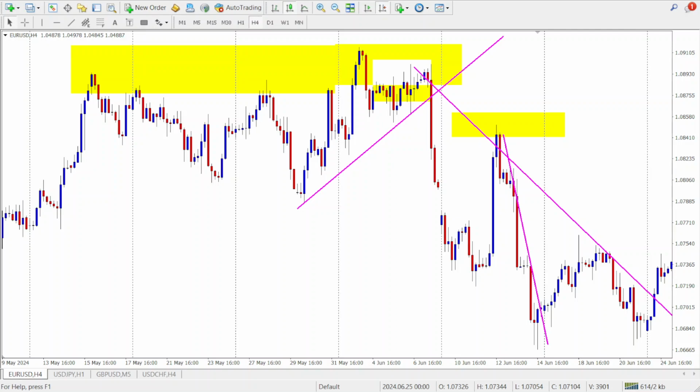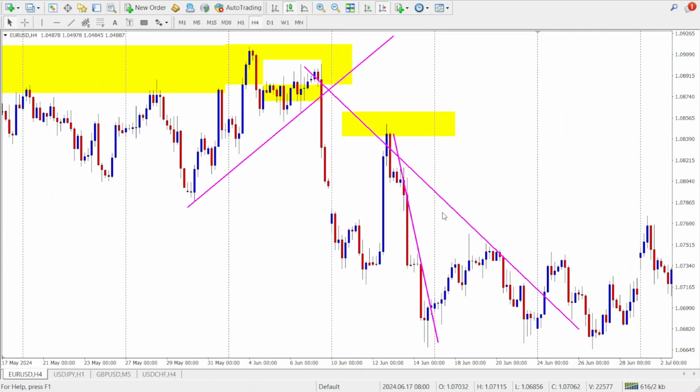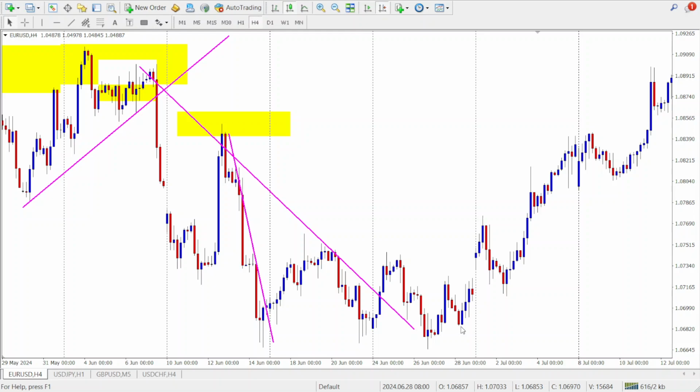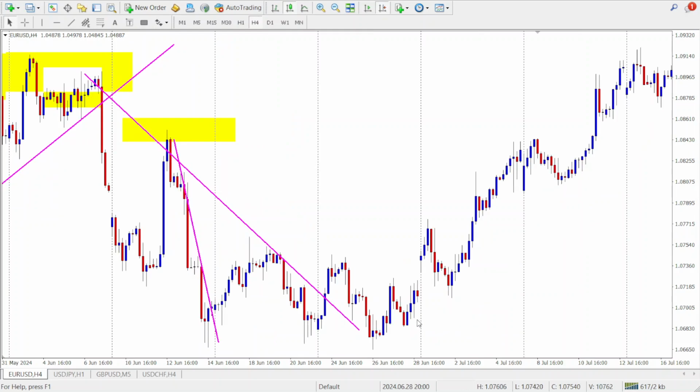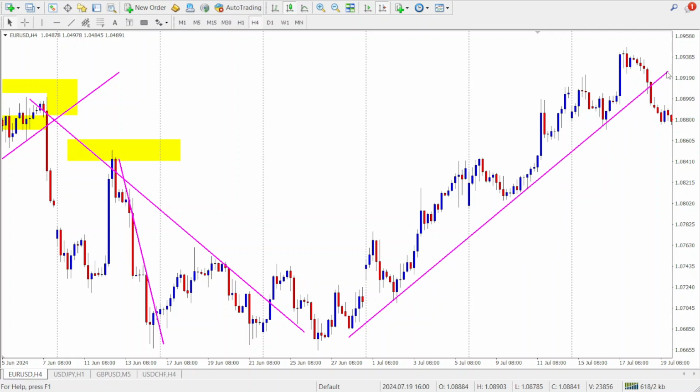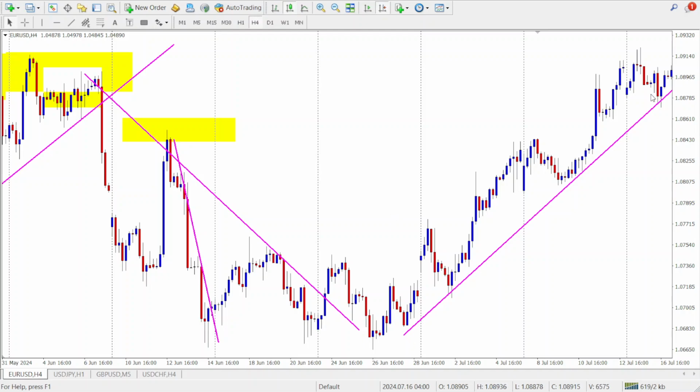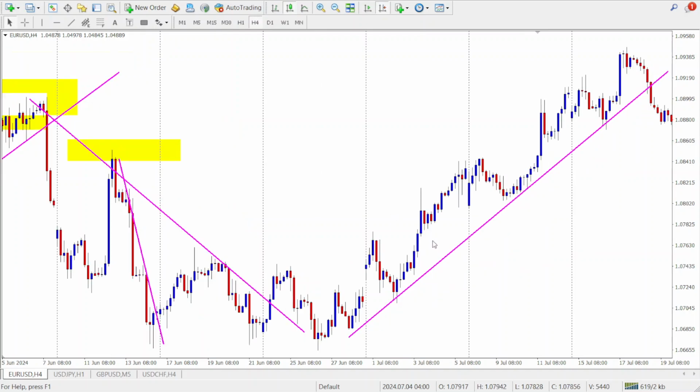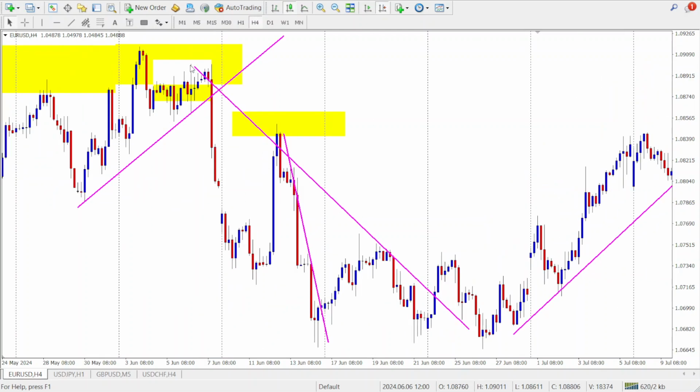There are two types of order blocks you need to understand, which are bullish order blocks and bearish order blocks. Bullish order blocks usually form at the bottom of a downtrend before price reverses upward. Like what we can see happen around here, we had a bullish reversal right after this bearish move, which we just discussed.